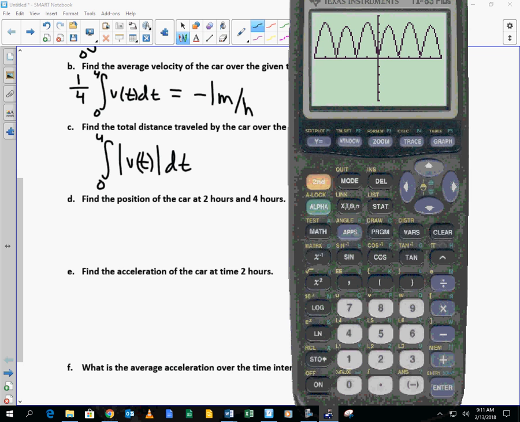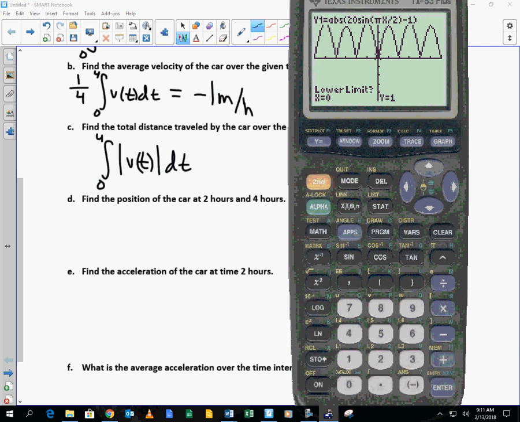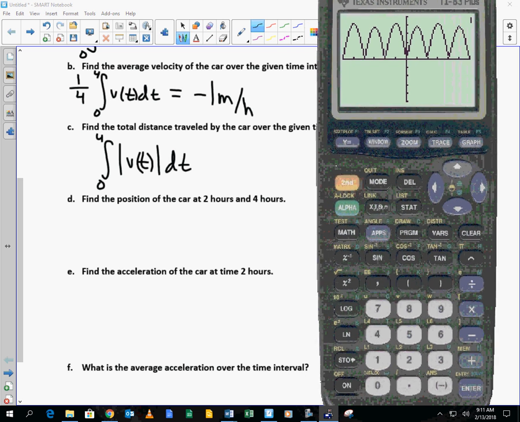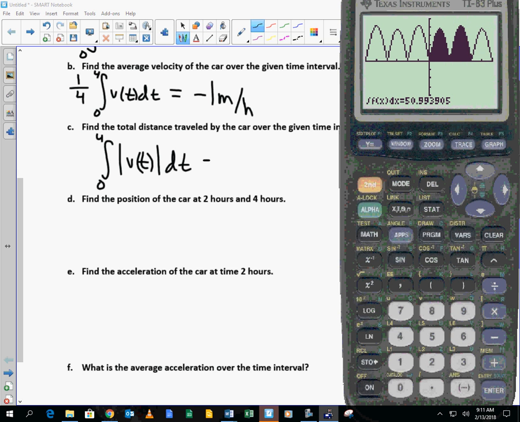Okay. And I'm going to calculate on number 7. I'm going to go from 0 to 4. It's very challenging for your calculator to do. There it goes. On the AP Calc exam, I'll show you what you will do in this situation.